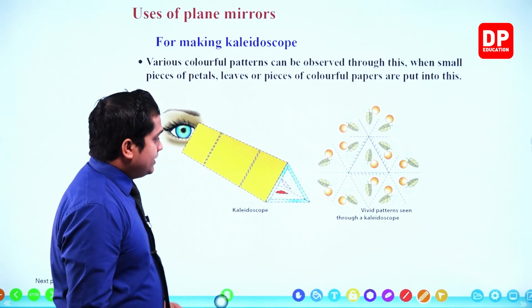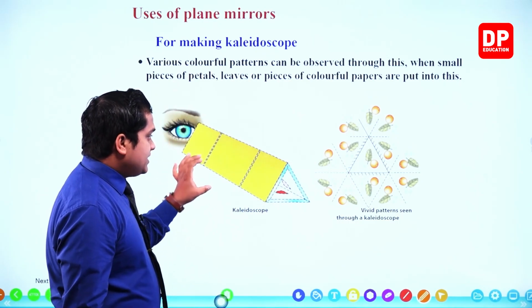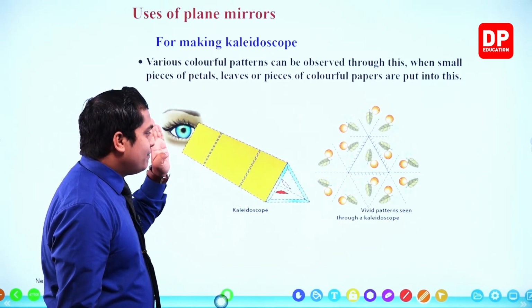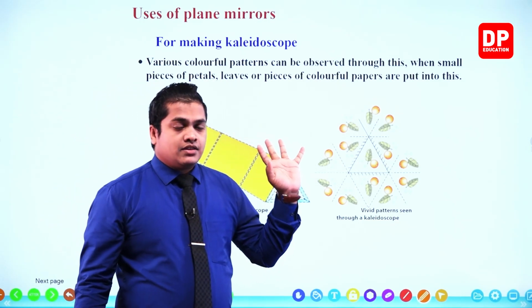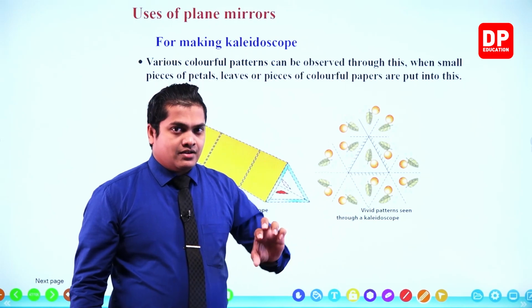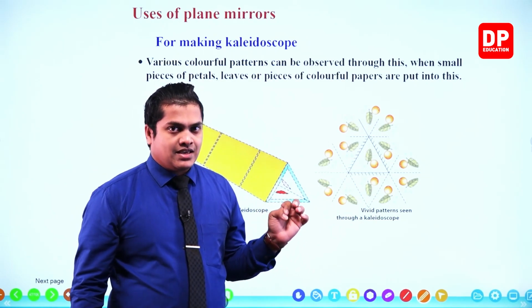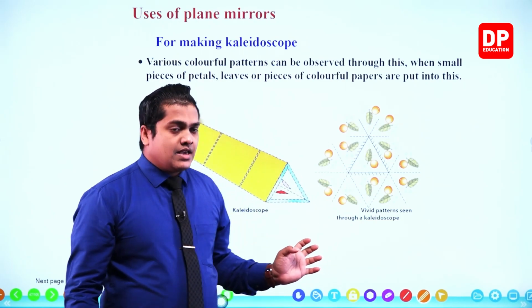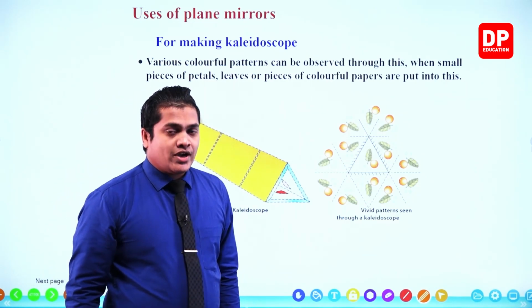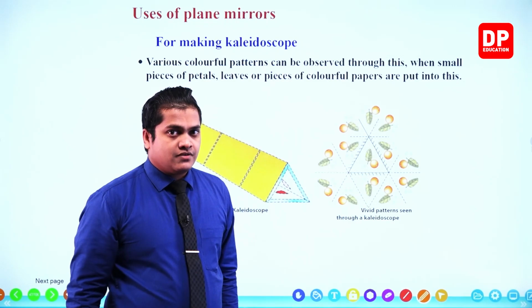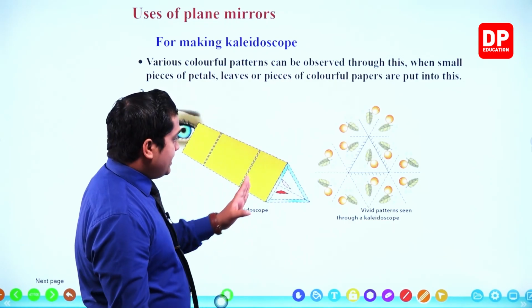So what you have to do is take 3 plane mirrors in the shape of a rectangle, 3 rectangular shaped plane mirrors, and keep the shiny surface, meaning the reflective surface, inside like this.